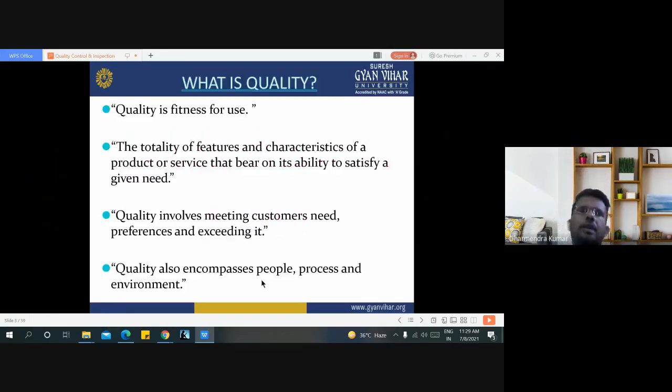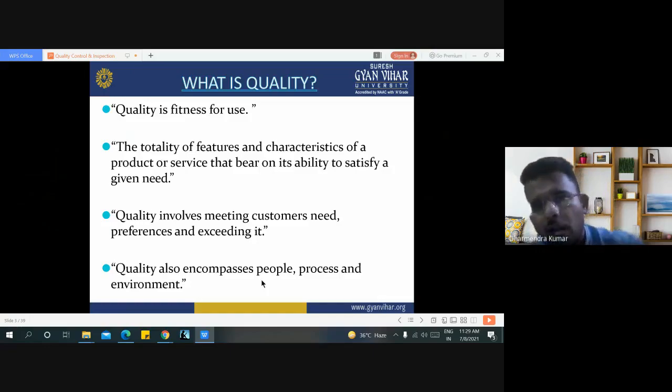Now the definition of quality is fitness for use, the totality of features and characteristics of a product or service that bear on its ability to satisfy a given need. Quality involves meeting customer needs and preferences, and exceeding them. Quality also encompasses people, process, and environment. Overall, quality is a measurement of our output standard when we compare it to our desirable standard.